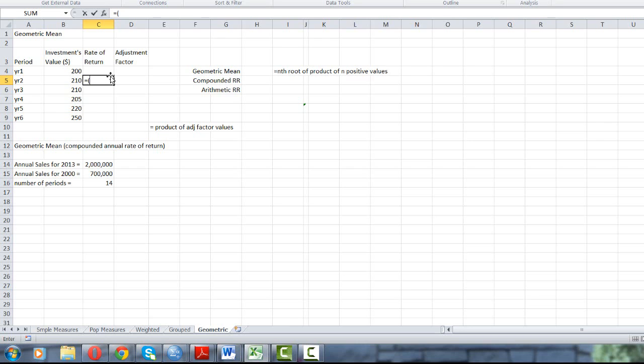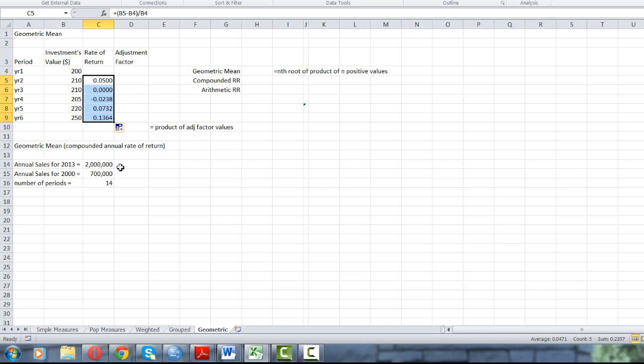So obviously we take this value minus the previous value and divide by the previous value. You can put that in percent if you want. I'm going to leave it alone. So we had a 0.05 or 5% increase from year 1 to year 2, no increase, and then it decreased, and then had a decent increase the next 2 years.